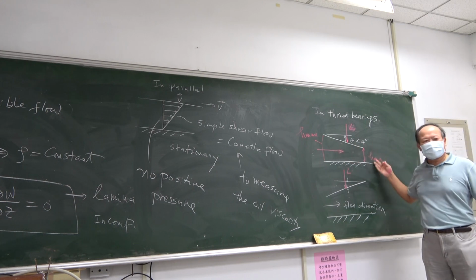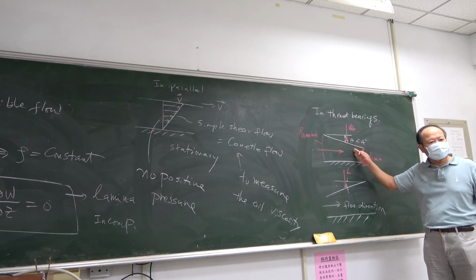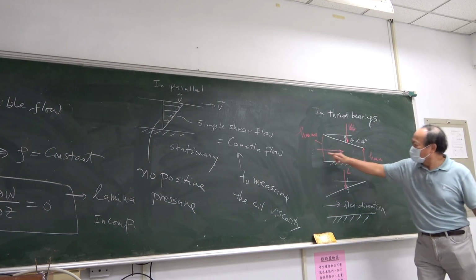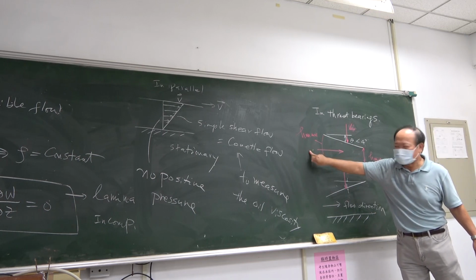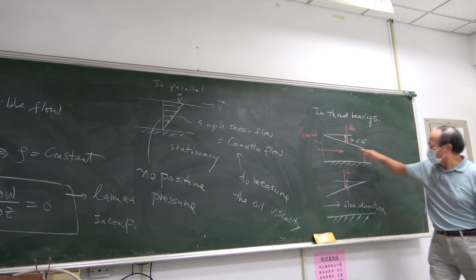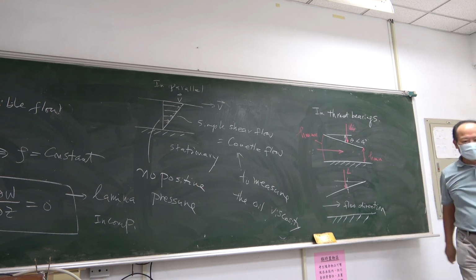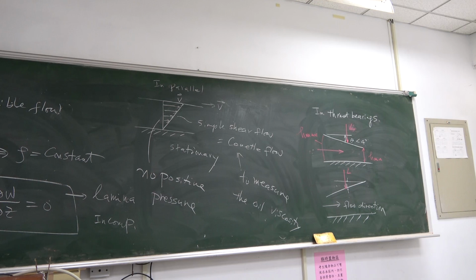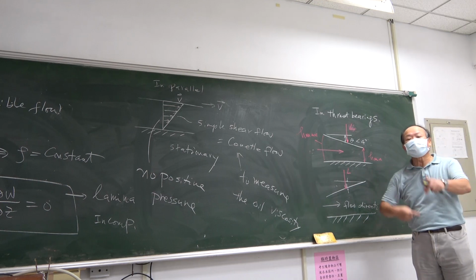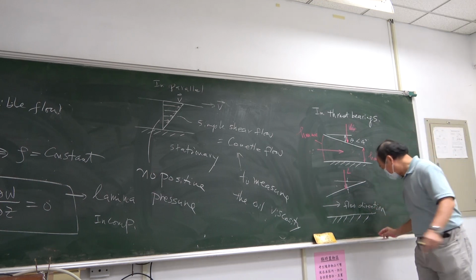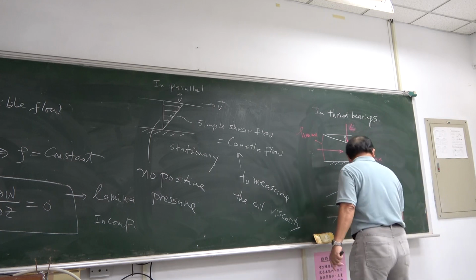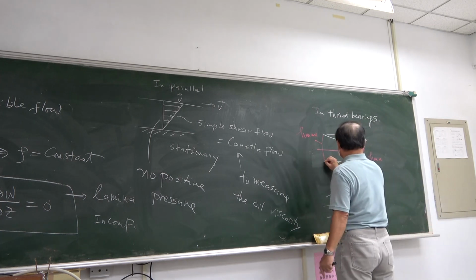If we put this kind of inclination, the flow goes from the maximum film thickness into the direction of the minimum film thickness. In this case, we use the Reynolds equation to solve this kind of case, and we have the pressure created.